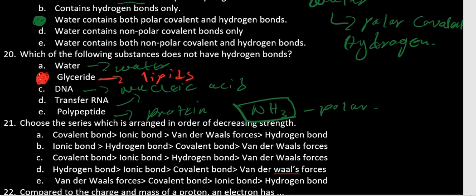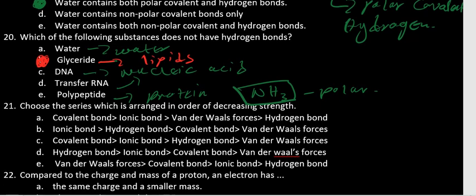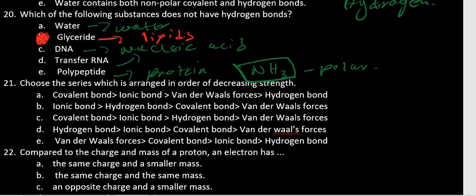Okay, we go on to the next one. Choose the correct answer in descending strength. Automatically, you need to understand that the first is going to be the covalent bond, then ionic, then van der Waals forces and hydrogen bonds, which are a bit stronger.